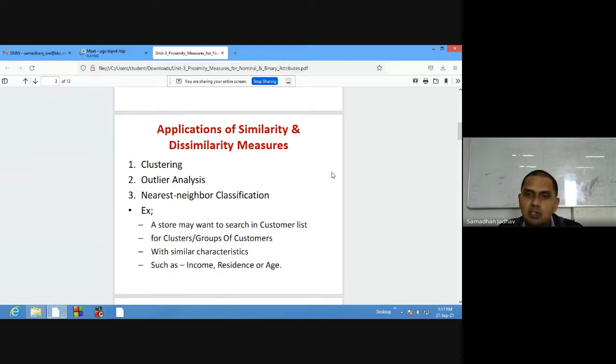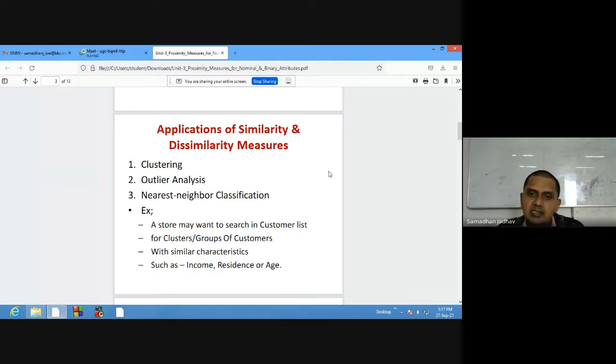Some activity which is not regular, which is not familiar, is identified as an outlier. That also comes under outlier analysis, that is, detecting intruders in cyberspace, detecting cyber threats.